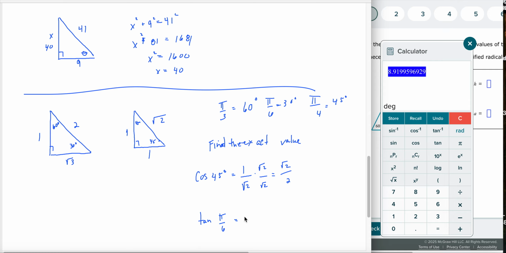So opposite would be 1. Adjacent is the square root of 3. And then rationalized, again, multiplying by the square root in the denominator, we get the square root of 3 over 3. And so this is something that's just, like I said, going to come up over and over again, and something that we'll become really, really familiar with.